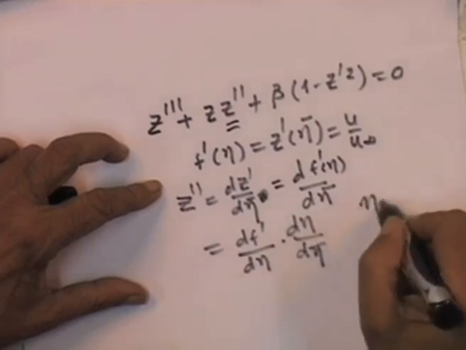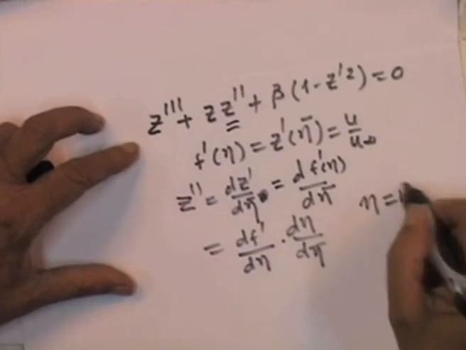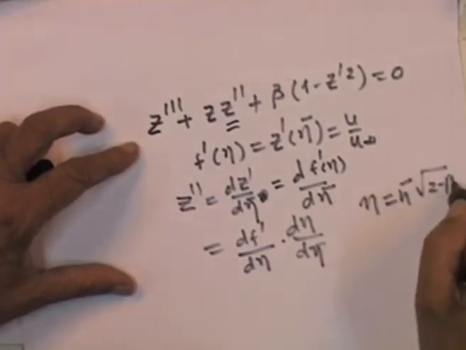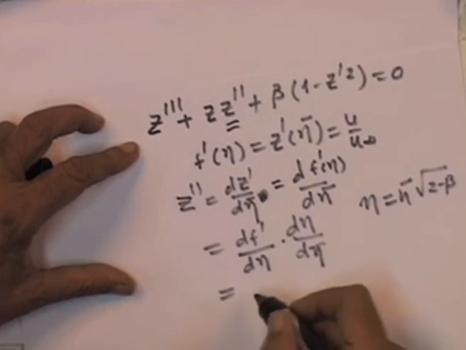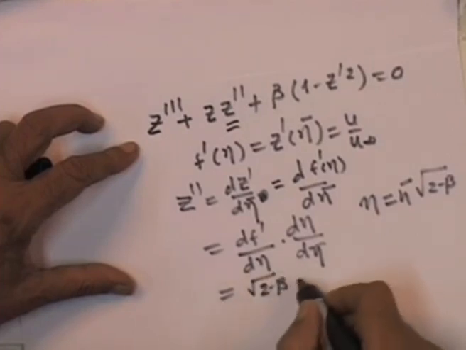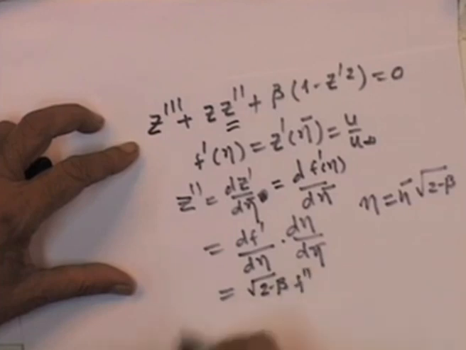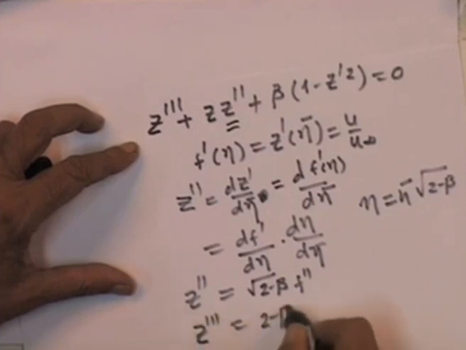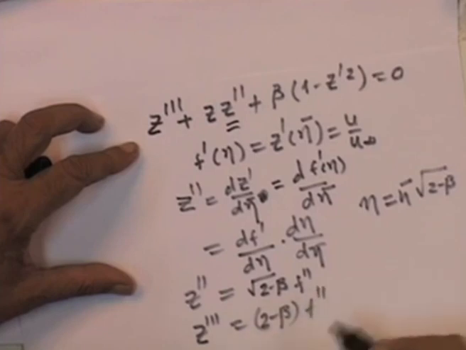But remember, eta is equal to eta bar under root 2 minus beta, and therefore, z double prime will be simply under root 2 minus beta into f double prime. Likewise, you can show z triple prime will be 2 minus beta f triple prime, and you can also show that z will be equal to f under root 2 minus beta.